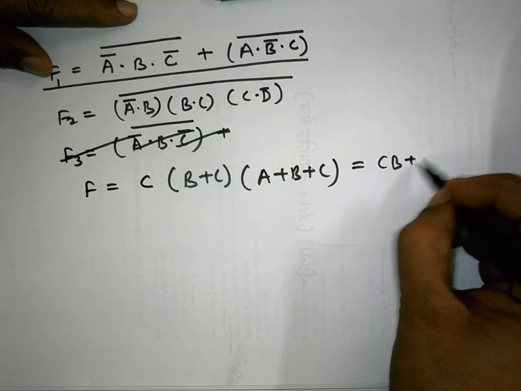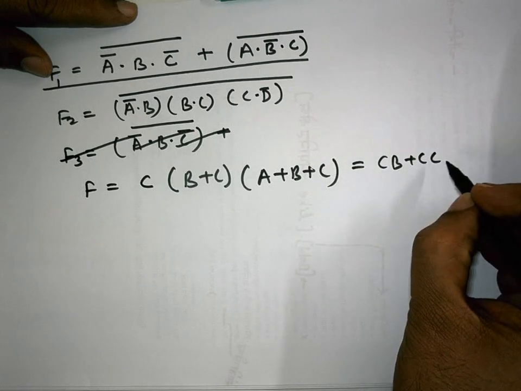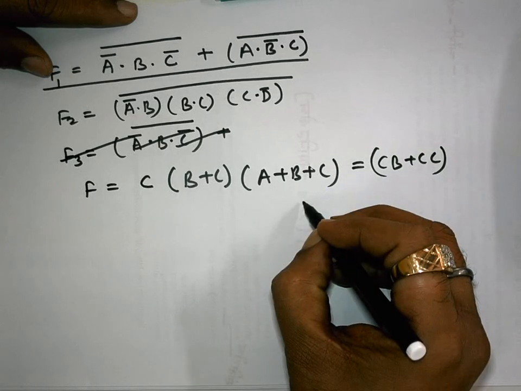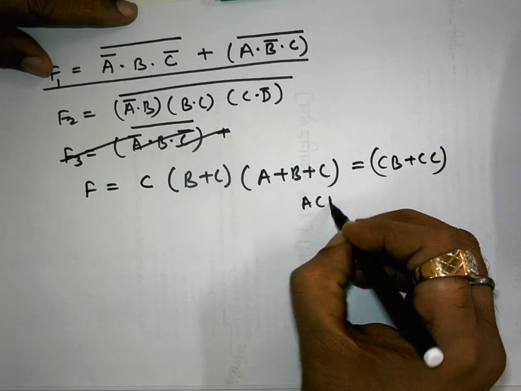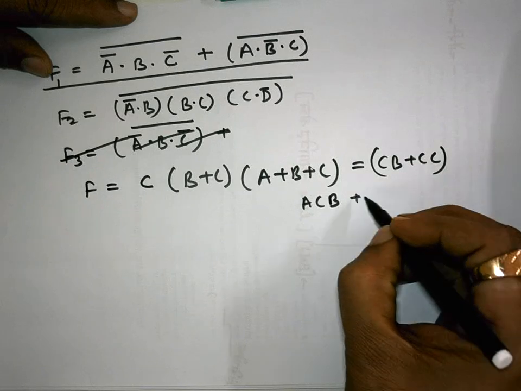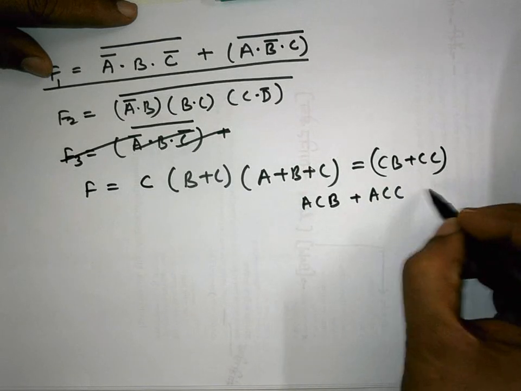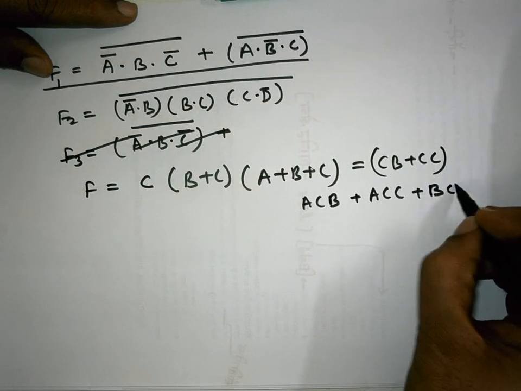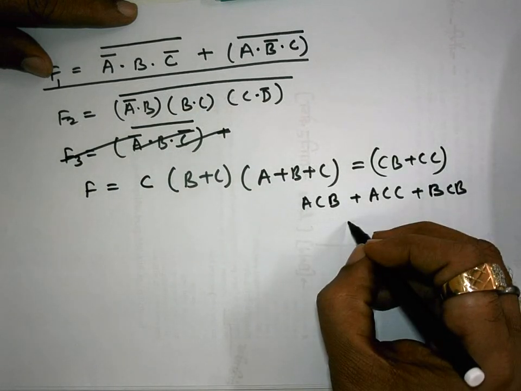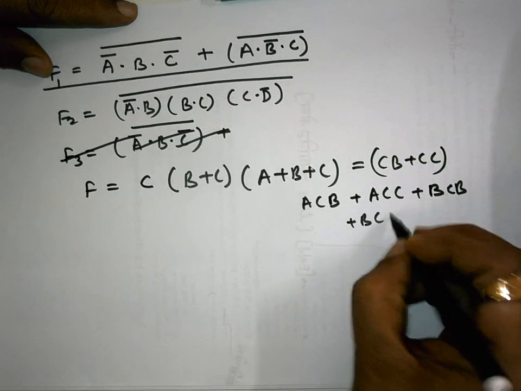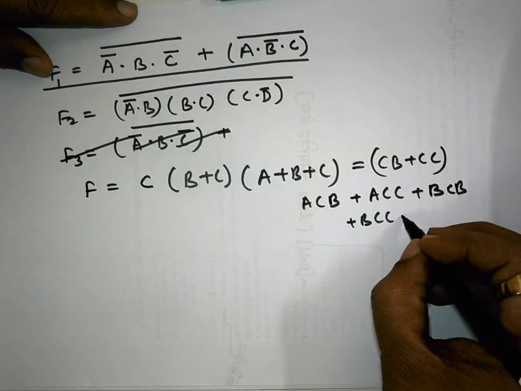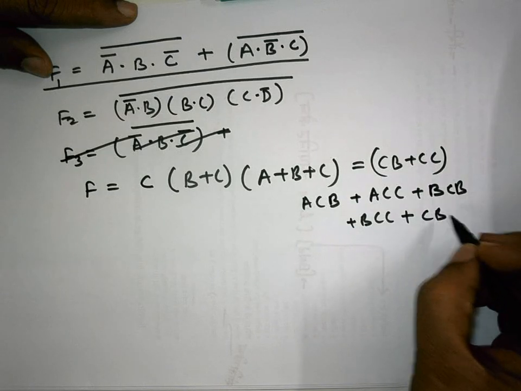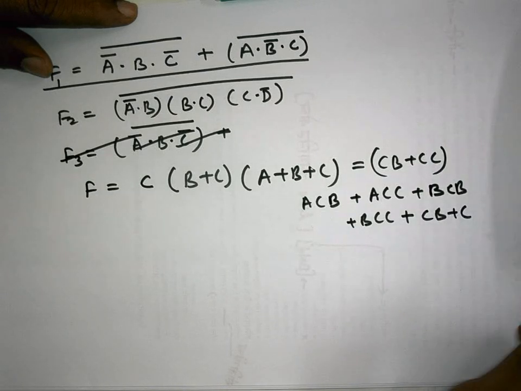CB plus CC, okay, and then ACB or ABC plus ACC plus BCB, okay, and then BCC, okay, then CB or double C, and then C, okay.